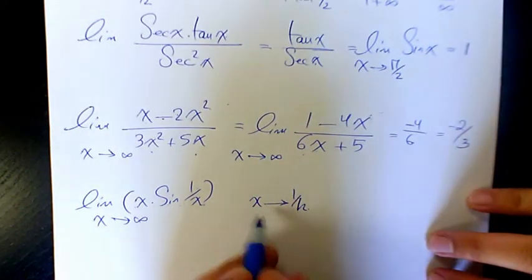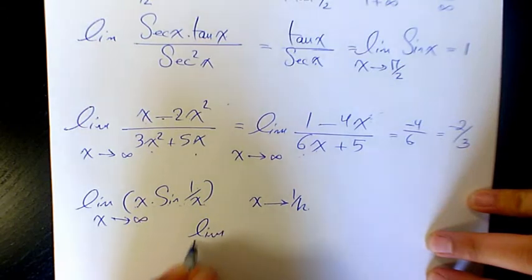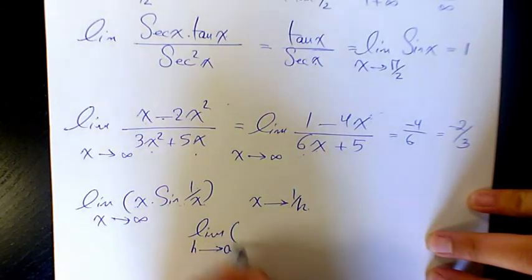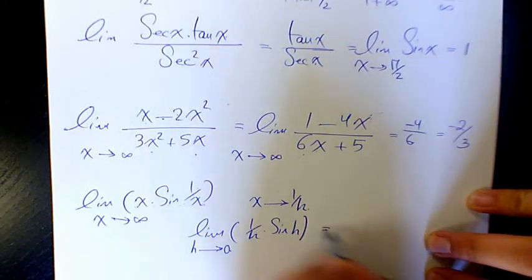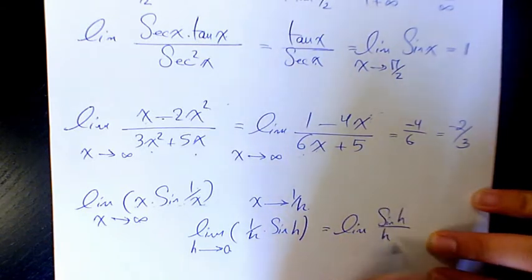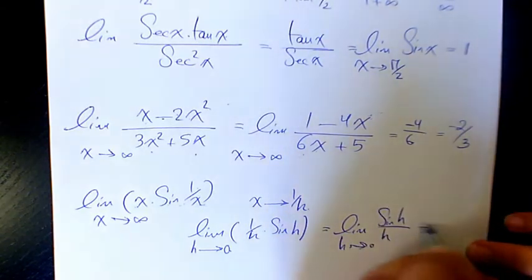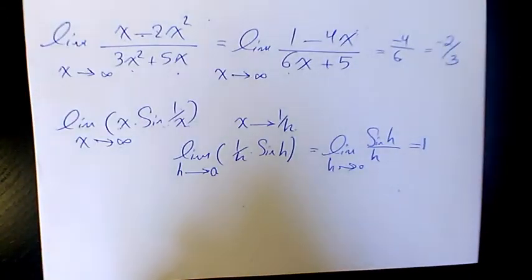So when you change x to 1 over h, it's going to be the limit as h approaches 0 of 1 over h times sine h, which is the limit of sine h over h when h is approaching 0. That's going to be equal to 1. That's basically how we do this kind of intermediate form.